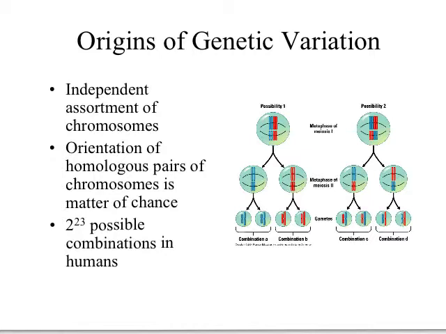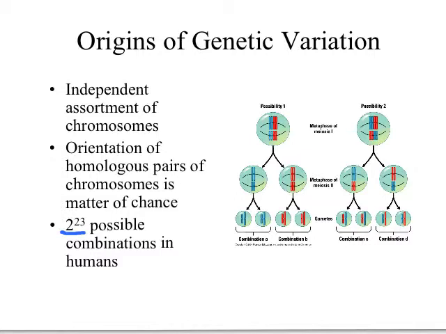Independent assortment of chromosomes is the origin of genetic variation, and what that means is that we can have 2 to the 23rd power possibilities of the different combinations of how the homologous chromosomes line up as tetrads.